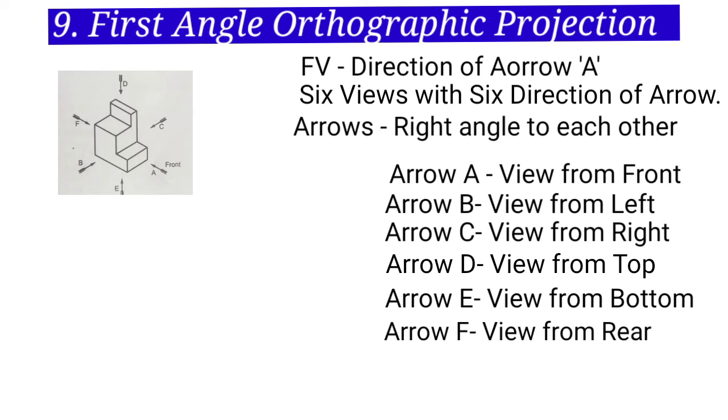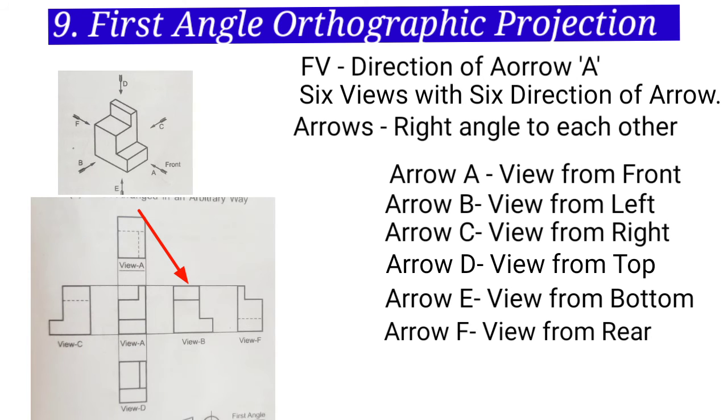In the first angle projection, the views in the direction of arrows B, C and D are arranged with reference to the front view as shown below. The view from the direction B, that is, the left hand side view, is placed on the right side of the front view. The view from the direction C, that is, the right hand side view, is placed on the left of the front view.